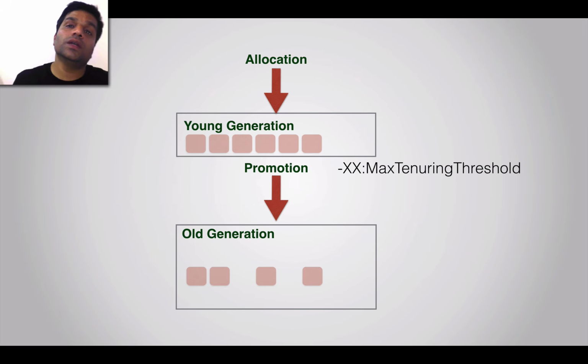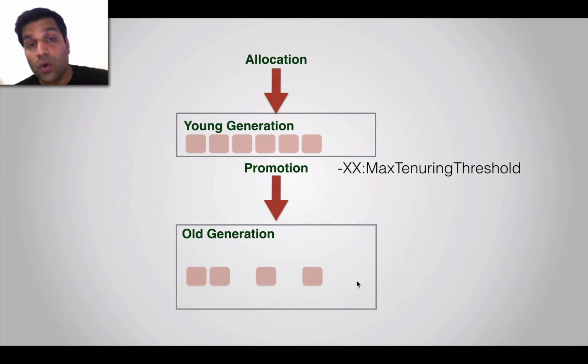So in very broad terms, when the old generation becomes full, or is near full, there is a garbage collector thread that keeps watching the old generation. It sees, oh my god, my old generation is almost full, now I'm soon going to be in trouble.